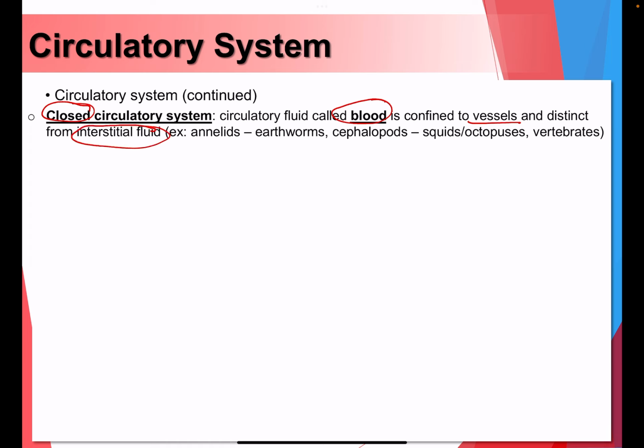Their composition for some animals might be similar, but in most cases, what's in the interstitial fluid and what's inside the blood is very different. That's how it allows for diffusion of stuff between these two bulky fluids. Okay. So examples of who gets closed circulatory systems are annelids, for example your earthworms, cephalopods, which include your squids and octopuses, and also vertebrates like us humans.